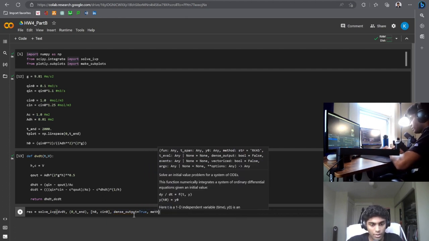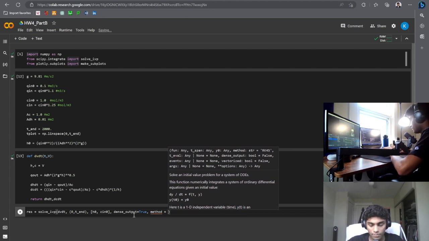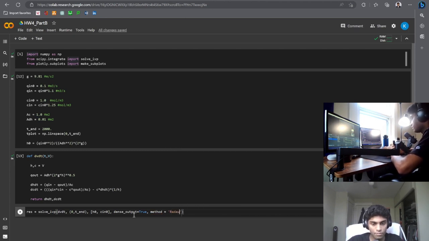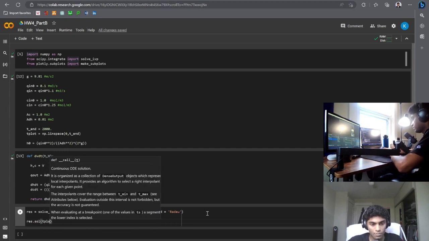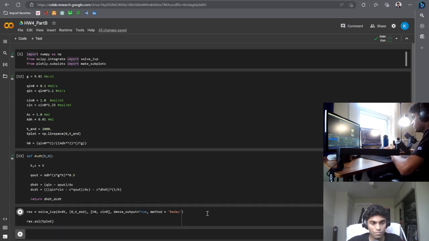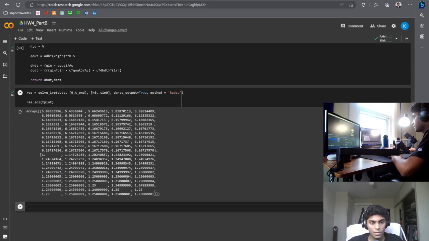And our method, we're going to be using the Radau method. And let's go ahead, we're going to solve this. Get a nice little array here.